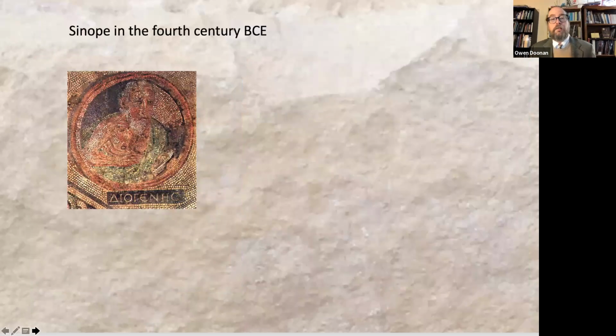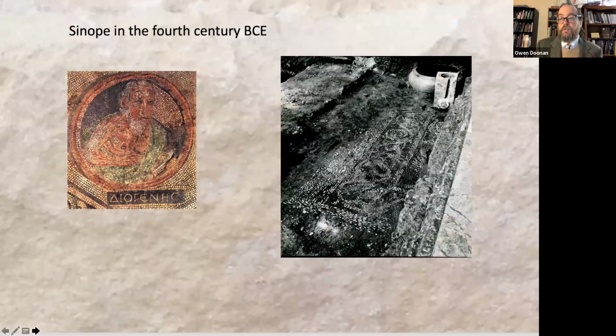Now, Sinope in the 4th century BCE was the city of Diogenes with all of his fascinating implications. It was a city with a fascinating pebble mosaic workshop.